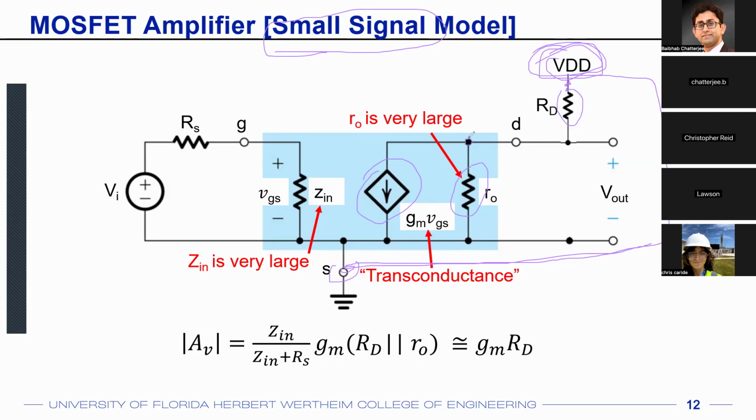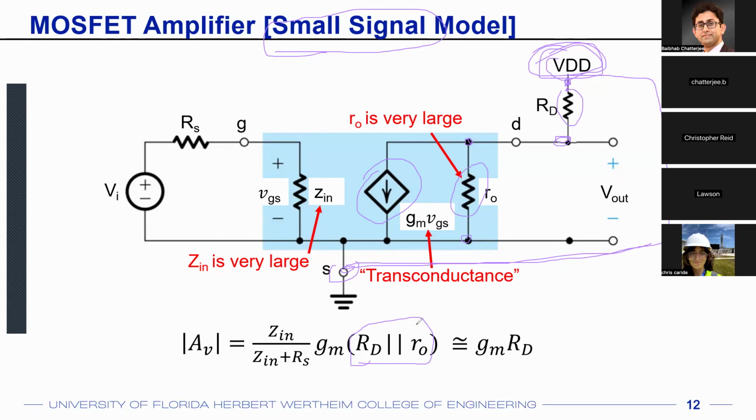See, the top terminal of RO and the bottom terminal of RD are the same. The bottom terminal of RO was ground. The top terminal of RD was VDD. But because VDD is an AC ground, in terms of AC those two terminals are the same. And that is the reason why your RD comes in parallel with RO whenever you're doing any kind of AC analysis.